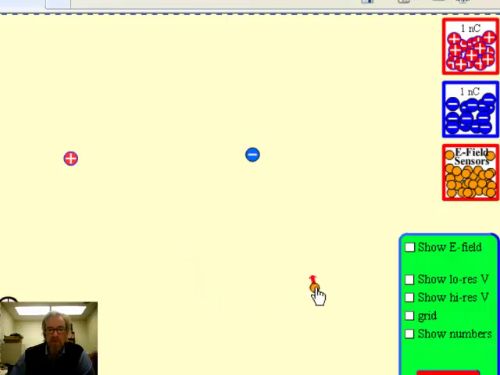As I move it close to the positively charged particle, that field gets really strong and points away. As I move it towards the negative, it gets strong and points toward it. So the field is sort of this invisible grid of changing poles on that particle.